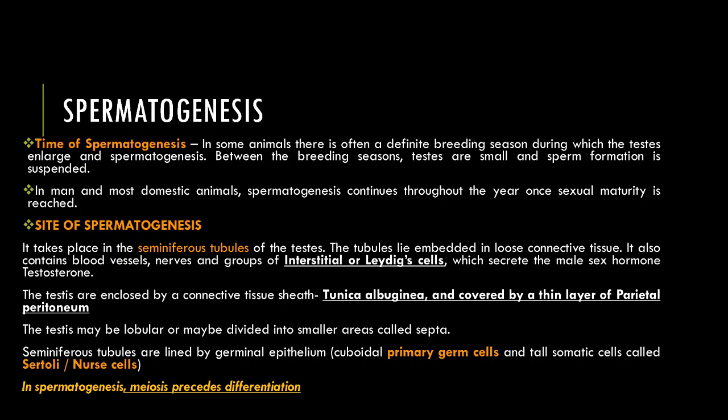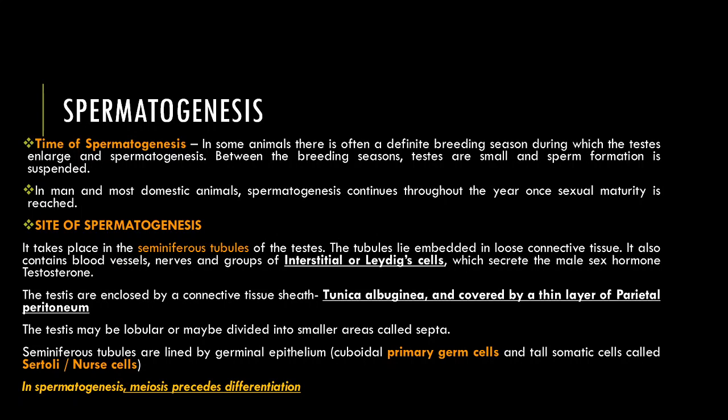The testes are themselves enclosed by a connective tissue sheath called the tunica albuginea, which is further covered on the outside by parietal peritoneum. The testes may be lobular or may be divided into smaller areas by septa. Seminiferous tubules are lined by the germinal epithelium on the inside.